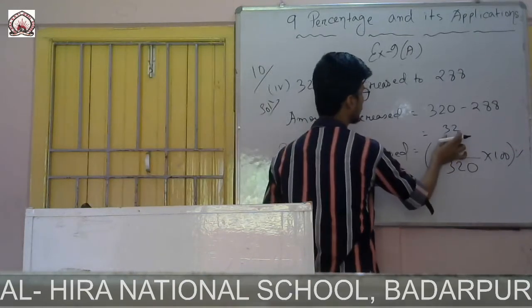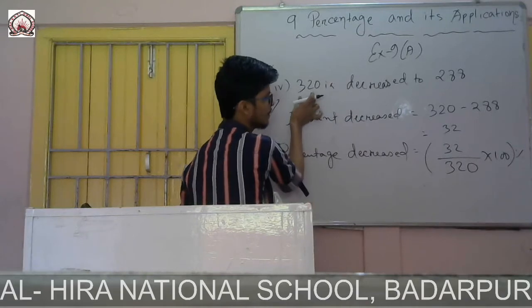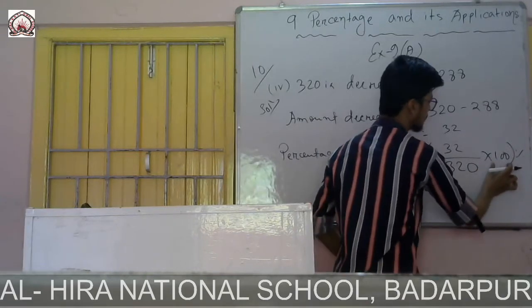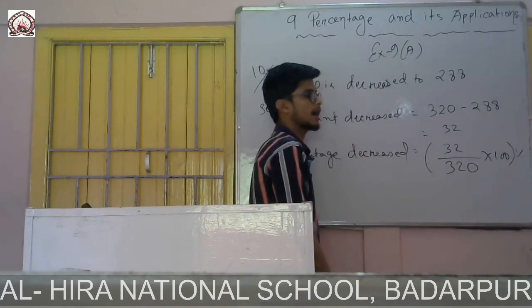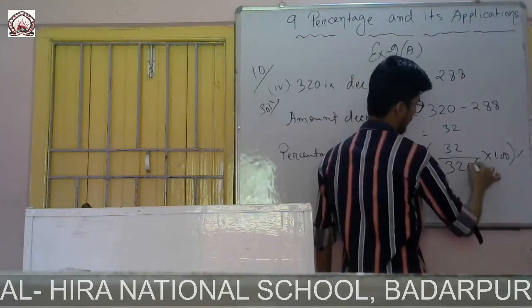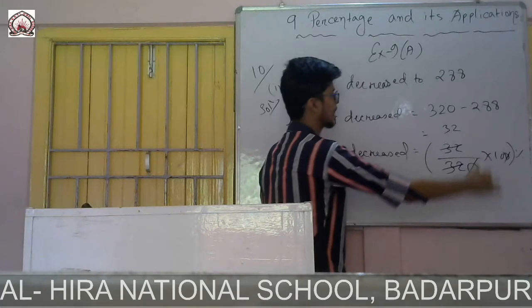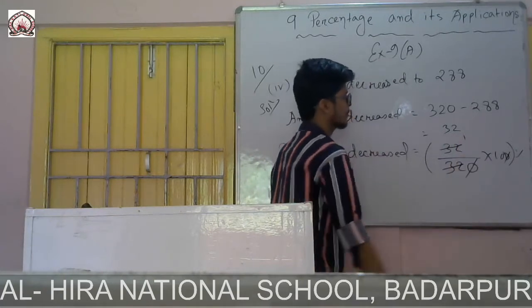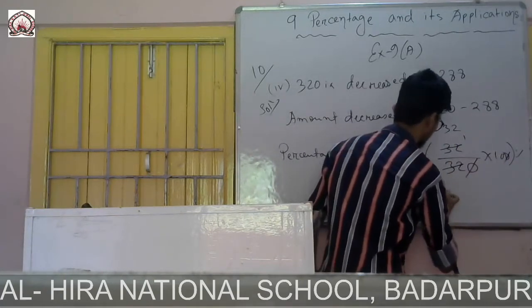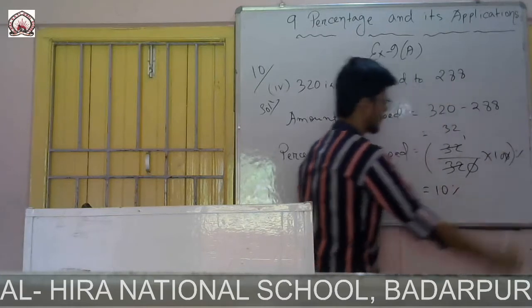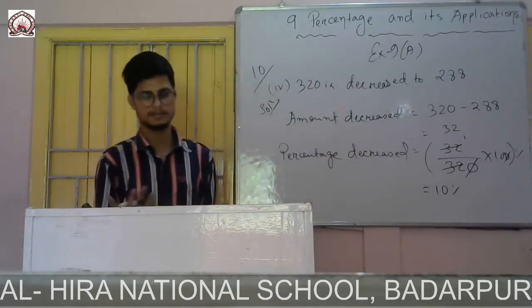This is the amount decreased, this is the original amount, and I am finding percentage, that's why I multiply by 100. So 10 and 10 I can cancel, and this 32 and this 32 cancel one another. So 1 is left, 1 into 10 is 10. The answer is 10%. 10% decreased.